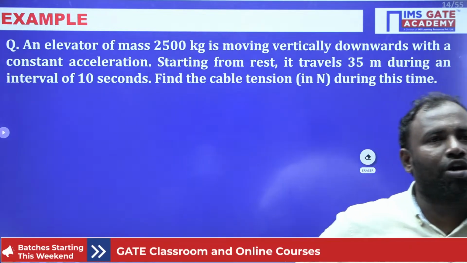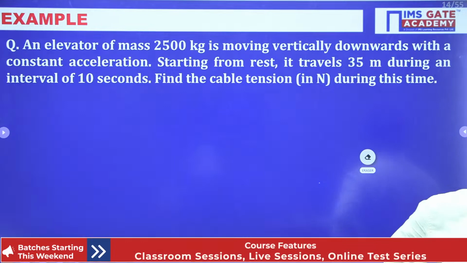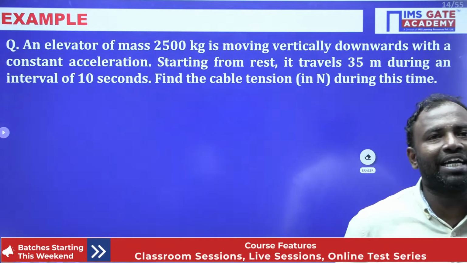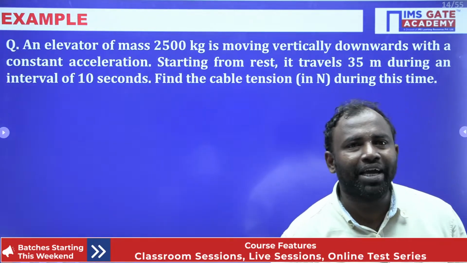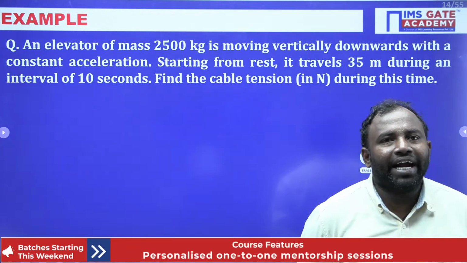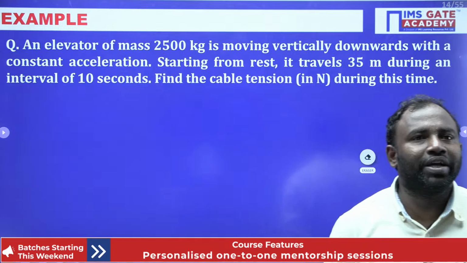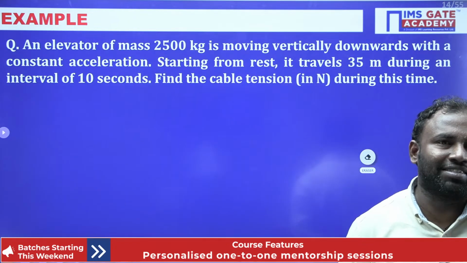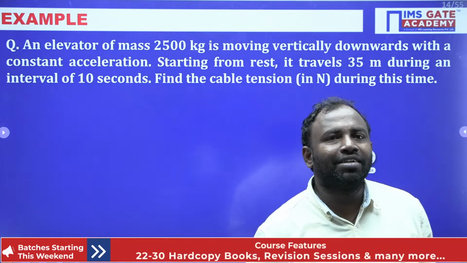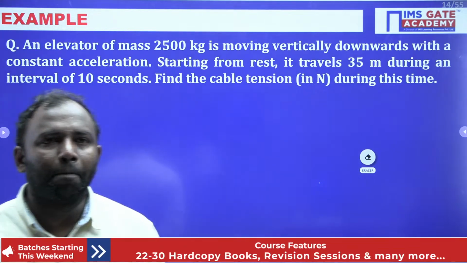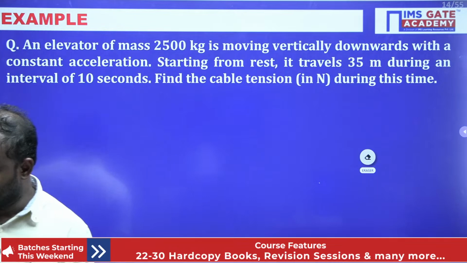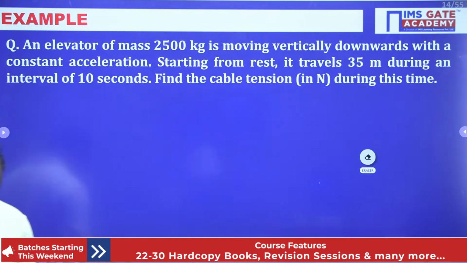An elevator of mass 2500 kg is moving vertically downwards with a constant acceleration starting from rest. Now it travels 35 meters during an interval of 10 seconds. Now find the cable tension during this time. So it is a simple and easy problem.